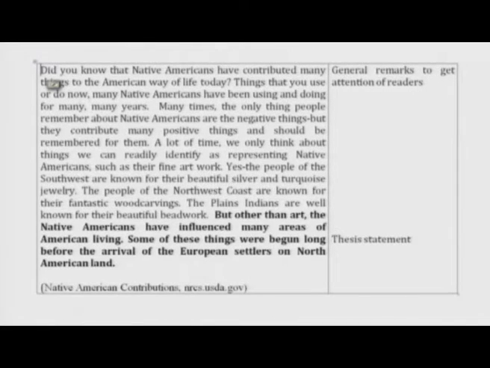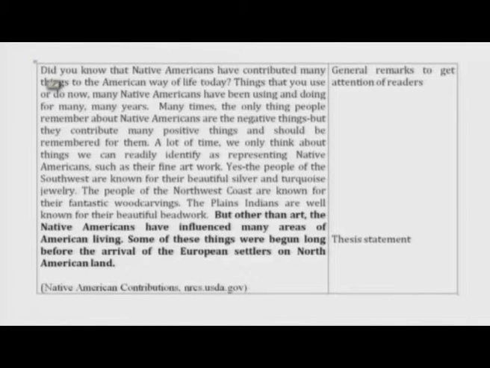Things that you use or do now, many Native Americans have been using and doing for many years. Many times, the only thing people remember about Native Americans are the negative things, but they contribute many positive things and should be remembered for them.